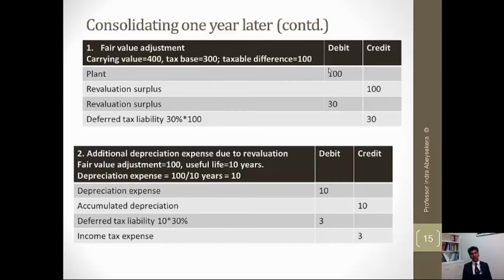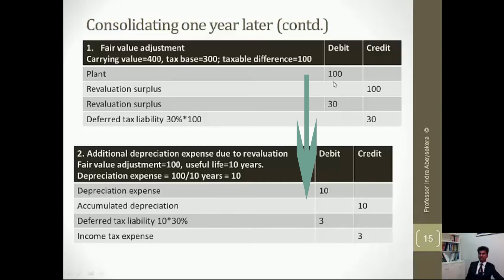Now that we are preparing the group financial statements after 1 year, this asset that the group has revalued has been there for 1 year, and we must add depreciation for this revalued amount.